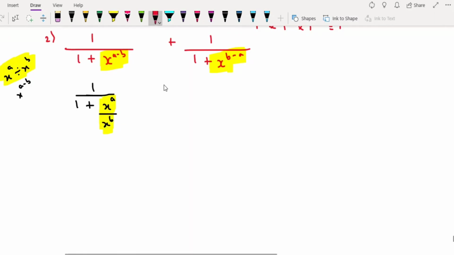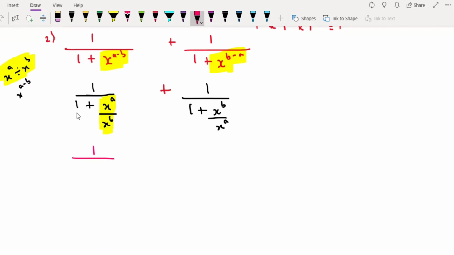Okay, the same thing with the second term: 1 by 1 plus x to the power of b divided by x to the power of a. The denominators are in the form of fractions, so we have to take out an LCM. The first term does not have anything in the denominator, so we consider it as 1. So our LCM will be x to the power of b.